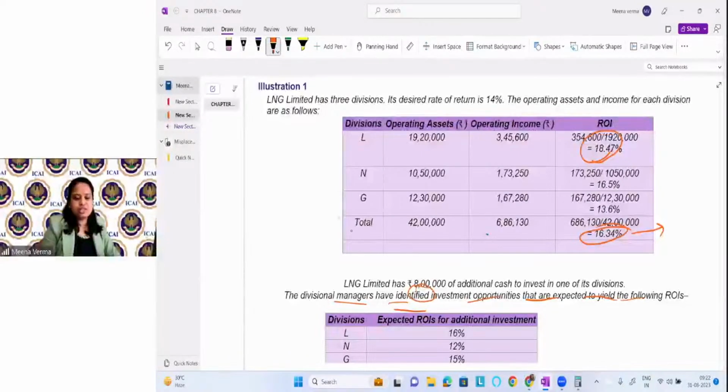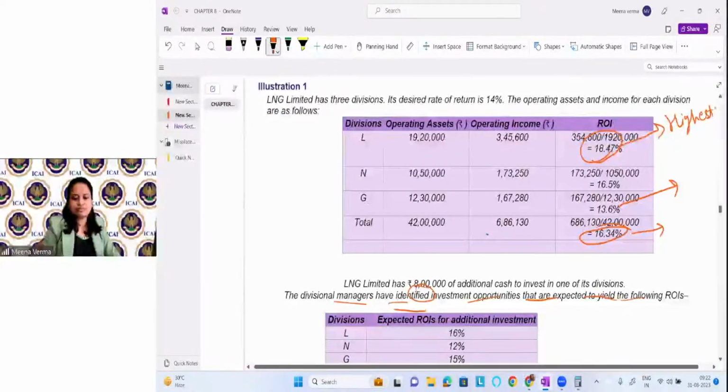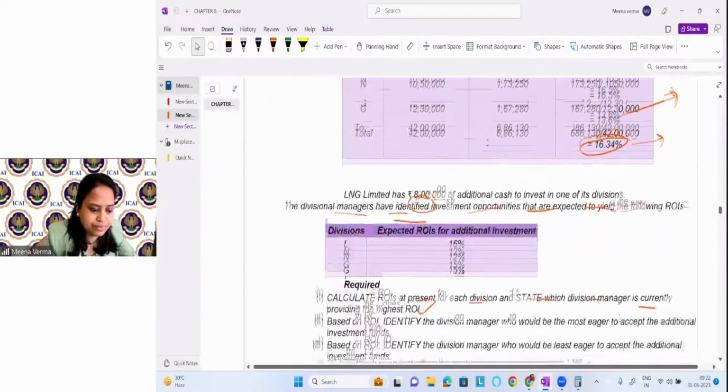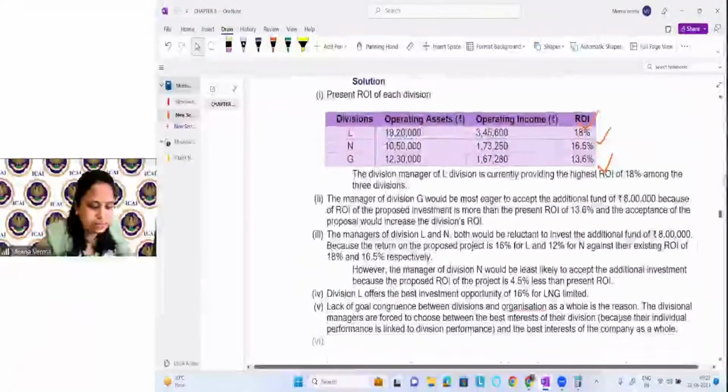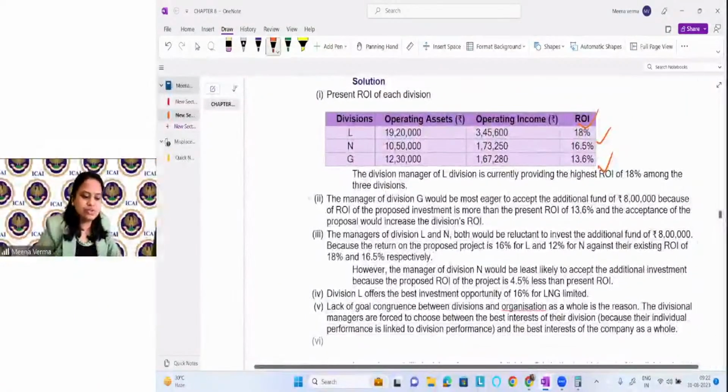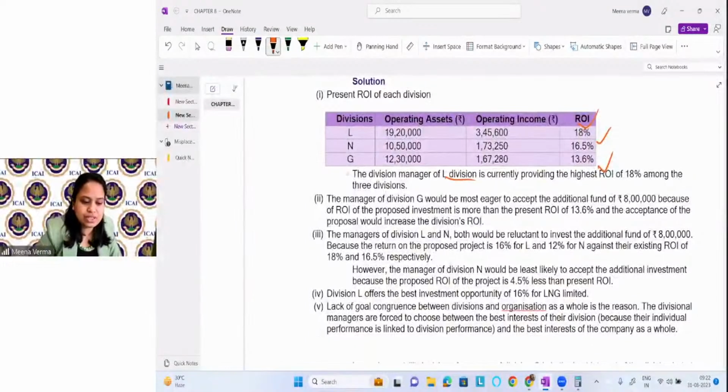Out of the three, this is the highest. So the division manager of L division is currently providing the highest ROI, 18% among the three divisions.